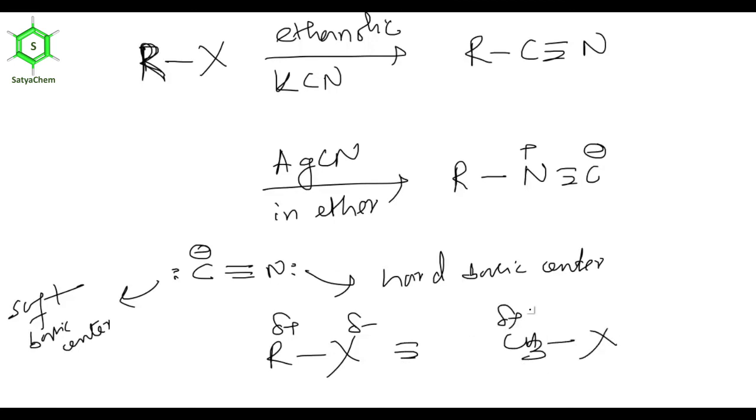This is delta plus, this is delta minus, and carbon is a soft acidic center, because partial positive charge is present on the carbon atom. So it is likely that the attack will be from the carbon end.